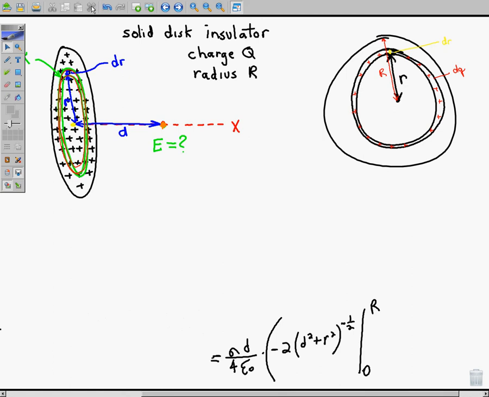So now I plug in r and I plug in 0 and I have to subtract the two.